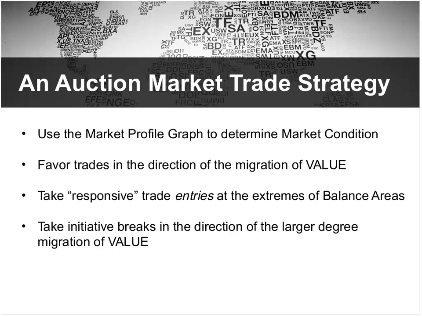I think predicting is the antithesis. It's a killer if you're a trader. You want to be objective, and this is the world's greatest reality check, to use auction market concepts and then the visual of the profile graph. It's either moving higher or it's not.